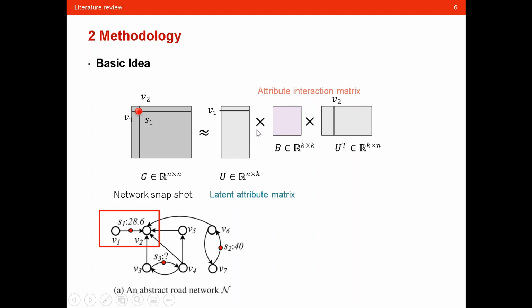As you can see, in the latent attribute matrix, each row corresponds to the latent attribute of a node, and this row multiplied with this matrix and then with this one, we can derive x1. That's what the matrix factorization did.